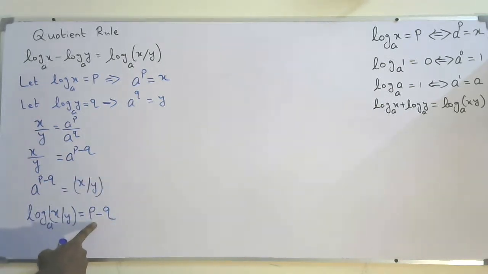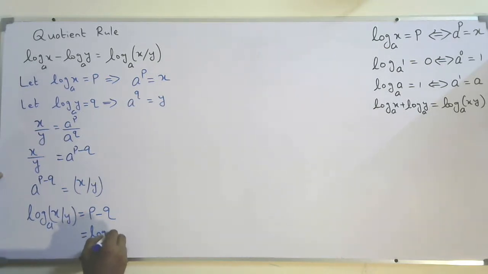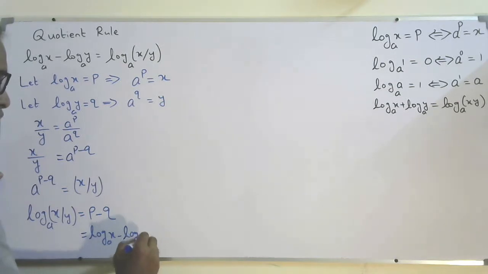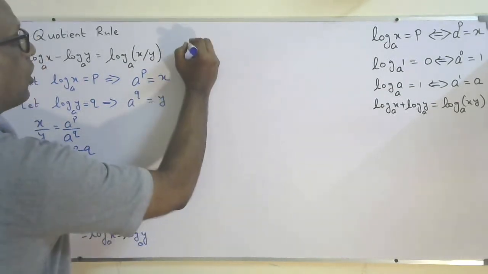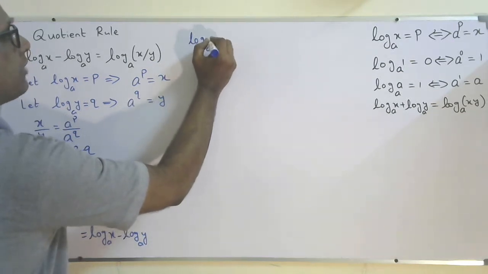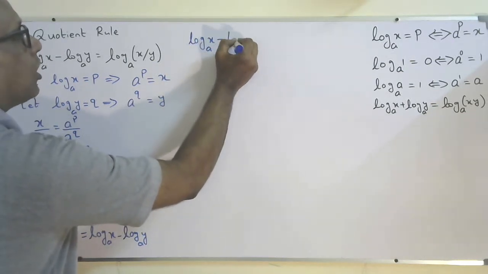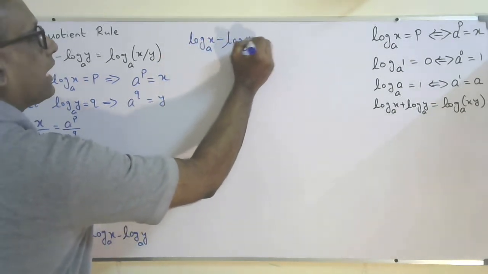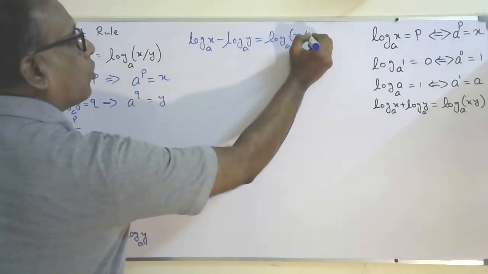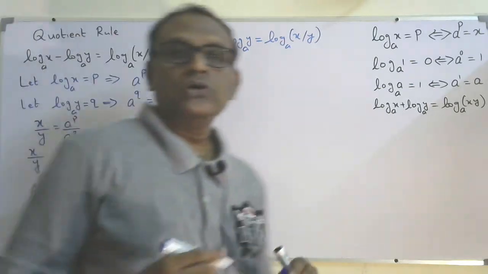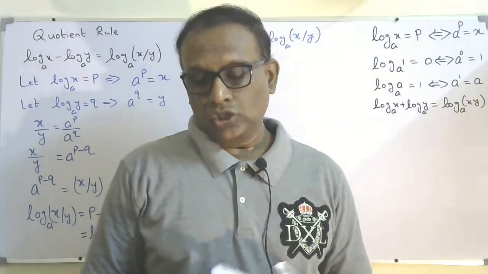But I know p equals log a of x and q equals log a of y. So I can finish it as log a of x minus log a of y equals log a of x over y. So this is the derivation for the quotient rule.